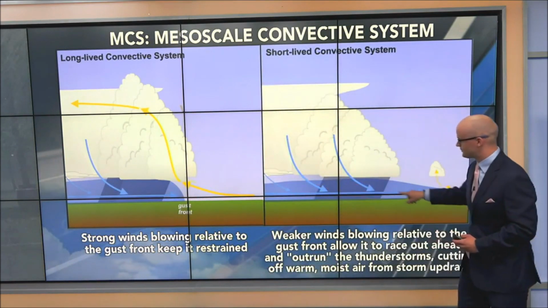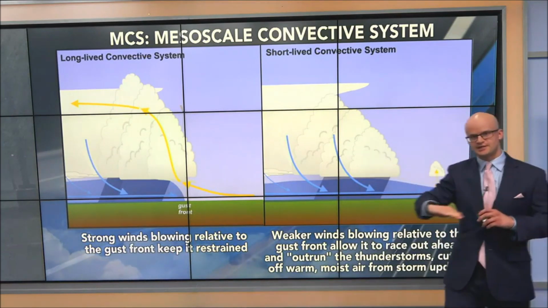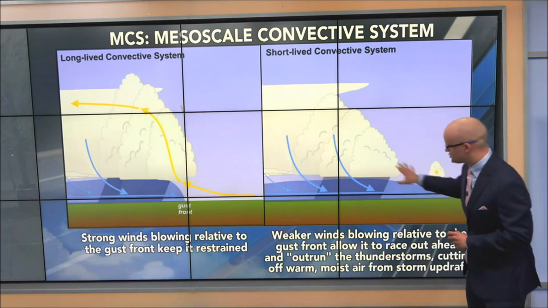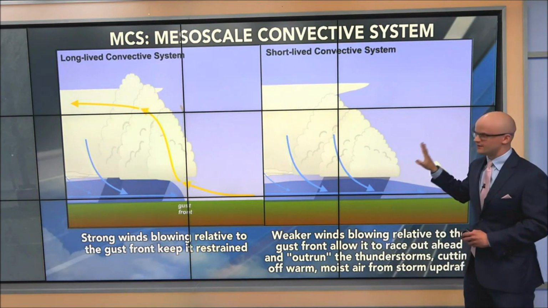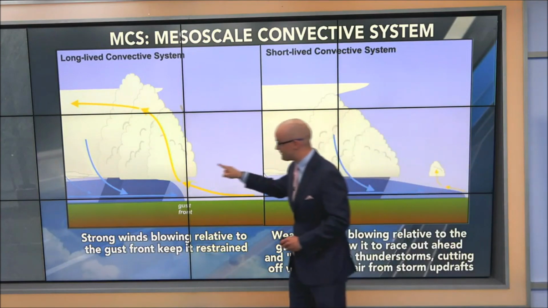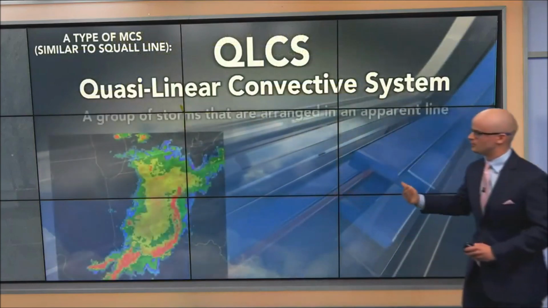The gust front, or the cold pool of air, meaning that once the rain impacts the ground and tries to spread out ahead of the storm, it'll kind of choke itself off if those winds coming into the storm aren't strong enough. So in these MCS examples that we're going to go over in the next couple of minutes, the storms can sustain themselves for prolonged periods of time.